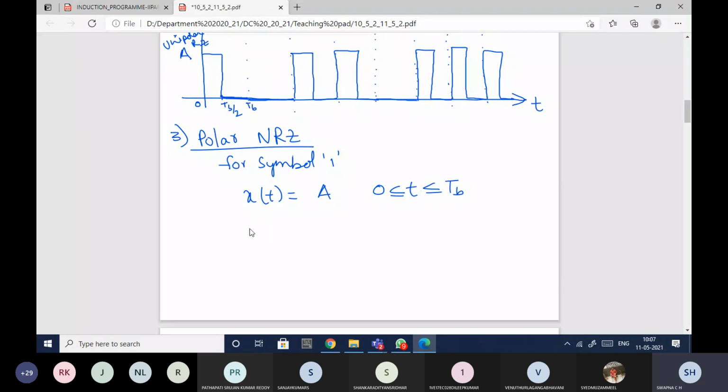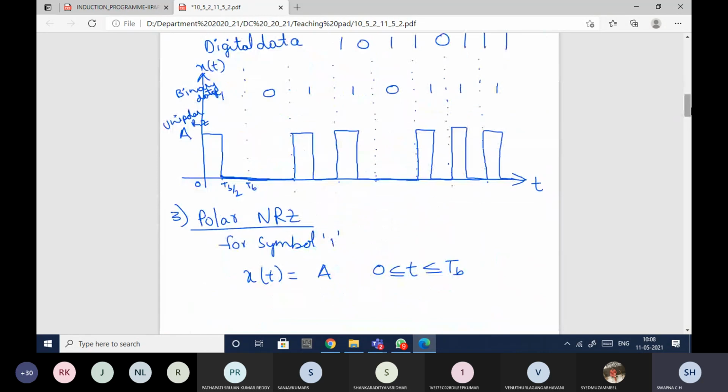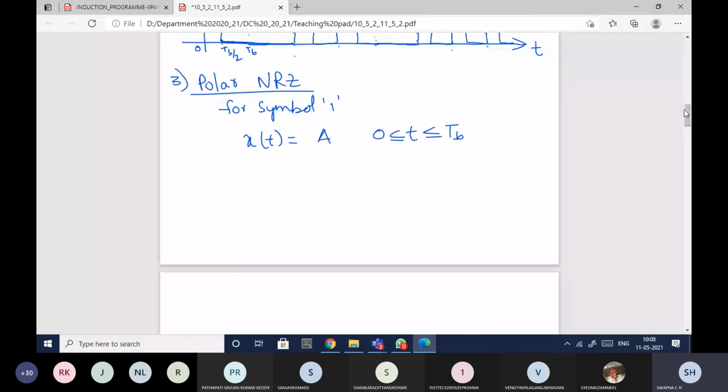You need to correlate this with the other formats and learn, because you may get confused with the representation. So in order to avoid the confusion, you need to correlate. For symbol 1 its amplitude will be A, and for symbol 0, x of t will be equal to minus A over the complete interval.